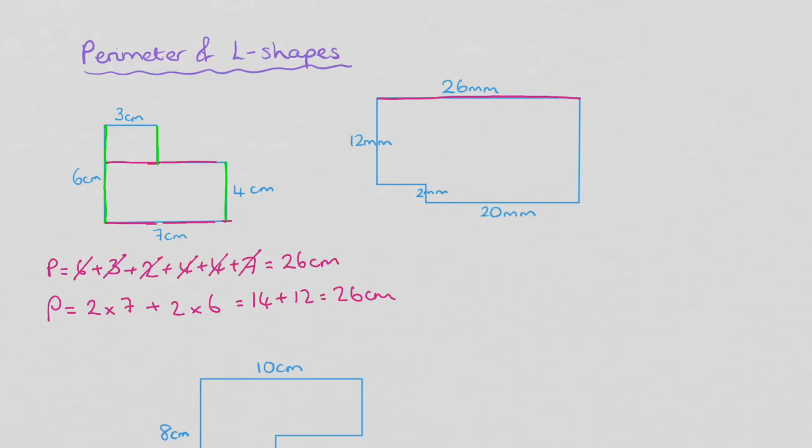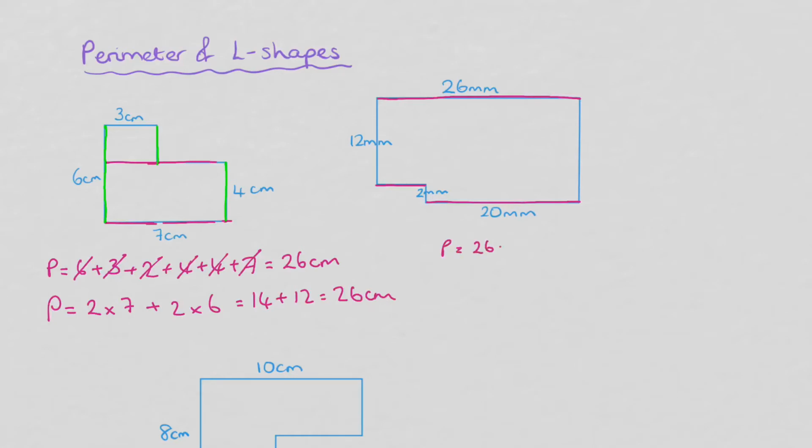We can see in this shape we've got a couple of missing lengths here and here, but we don't need to find those, because we can remember what we were just looking at, that this line and this line must also make 26 centimetres, because if we move that line down there, then we can see that those 2 long pink lines are exactly the same length as each other. So that gives us 2 lots of 26.